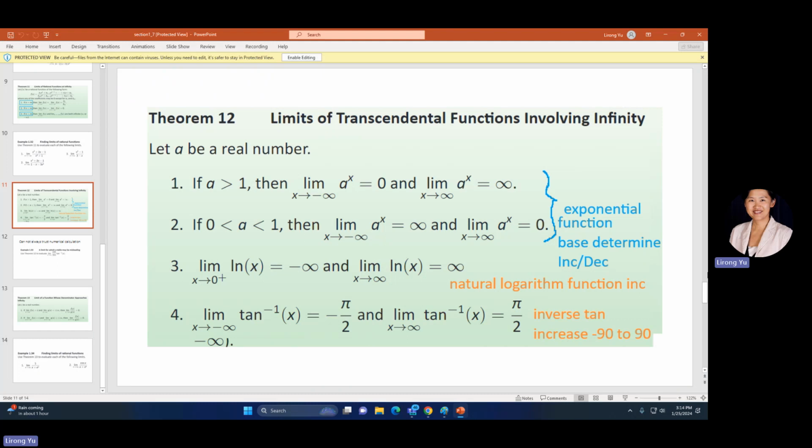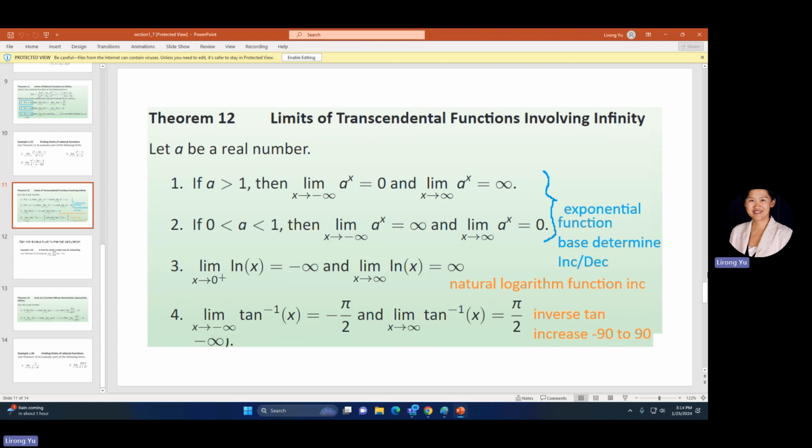So I draw both of them on the board. See, this is an exponential function. This is a horizontal asymptote. That's the x-axis, which is also the y equal to 0 line. This function going this way, its horizontal asymptote is y equal to 0. This function goes this way, but its horizontal asymptote is still y equal to 0.